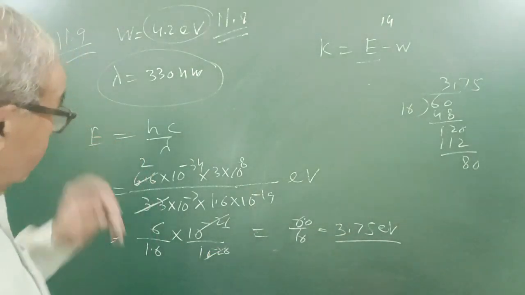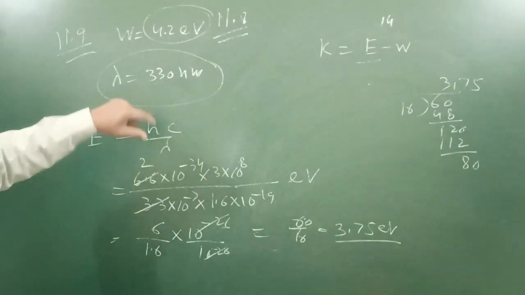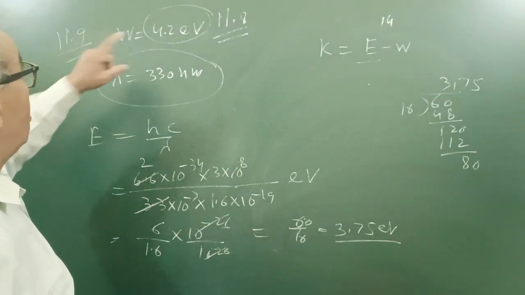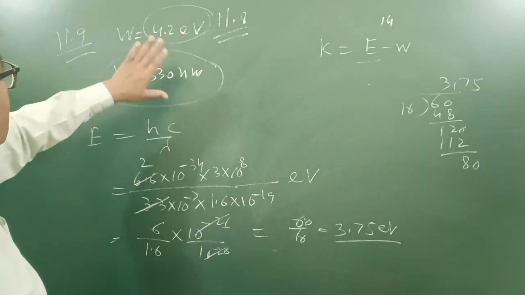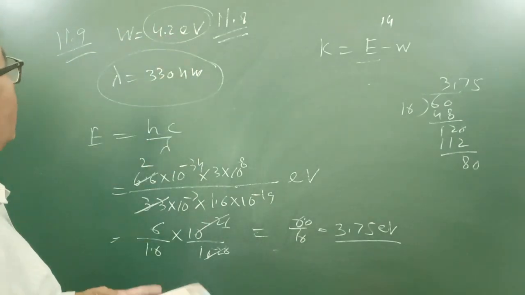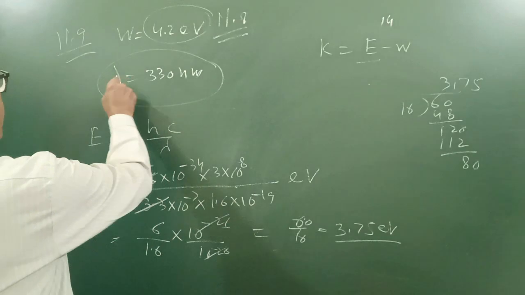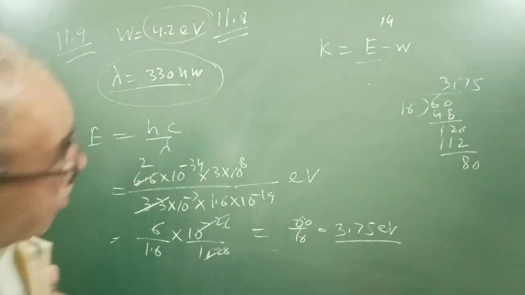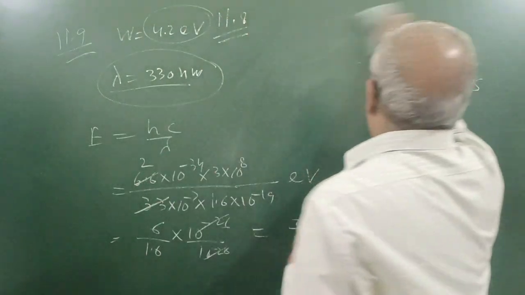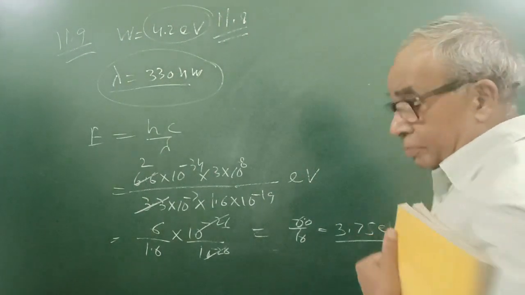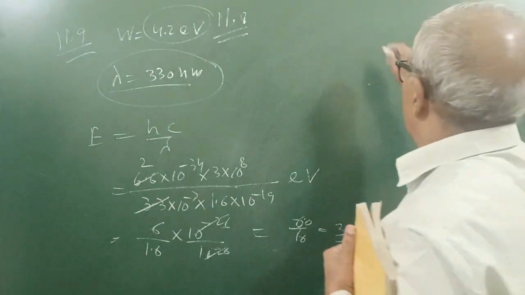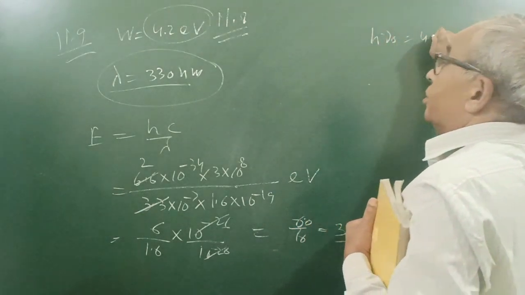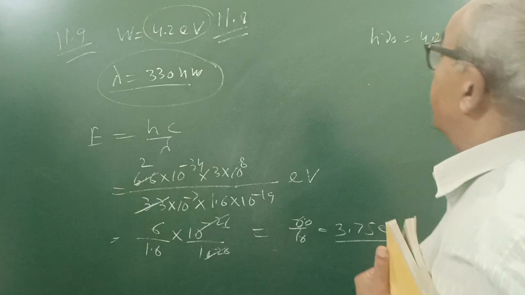You can do this question the other way also. You can find the frequency from the work function at nu 0, and from this nu, that is another method. The work function is h nu 0, equal to 4.2 electron volt.